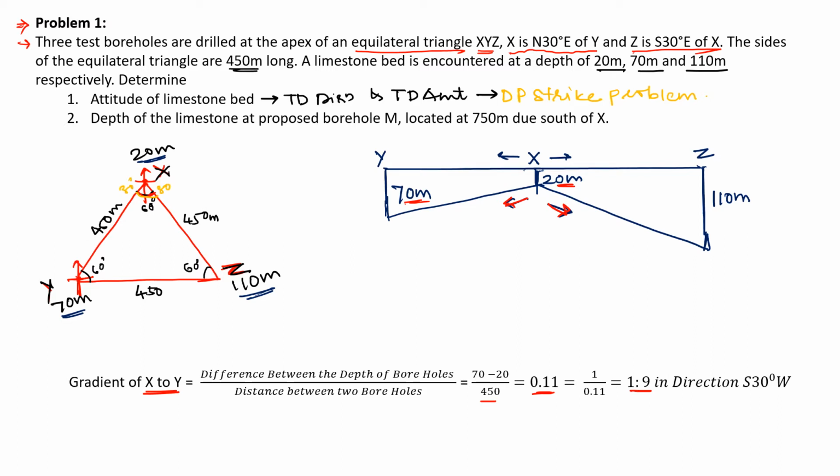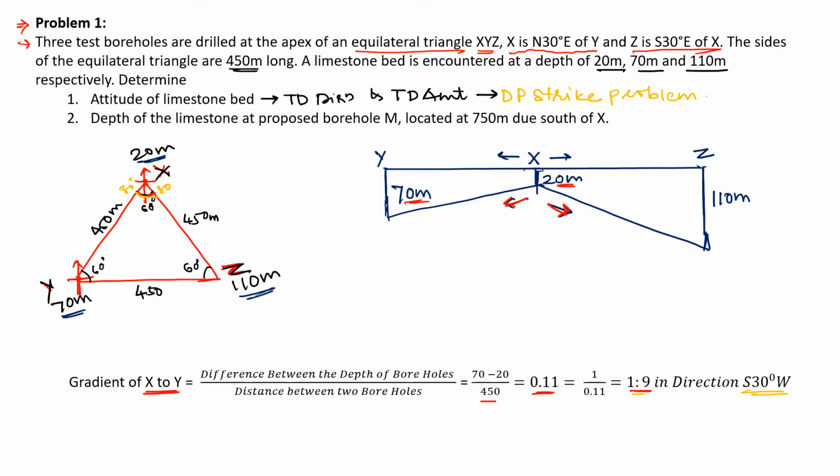So south 30 west. On that basis we calculated south 30 west. Okay, we understood that we got one direction and one amount.